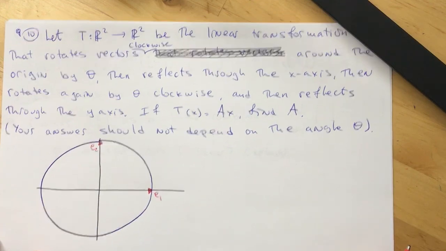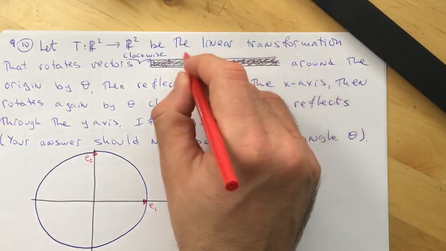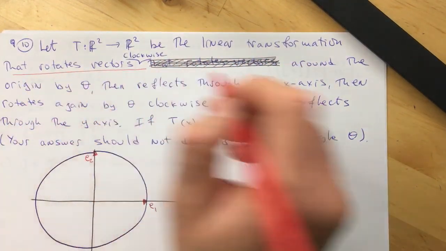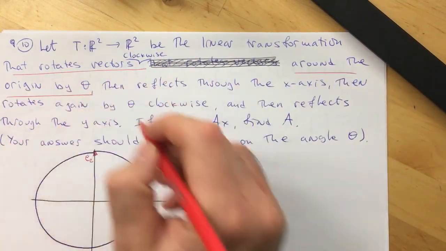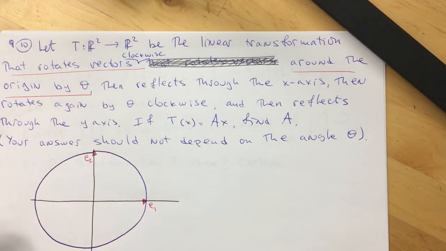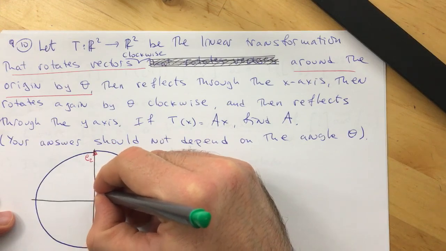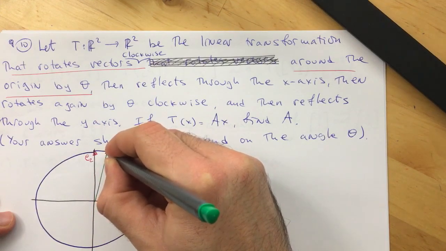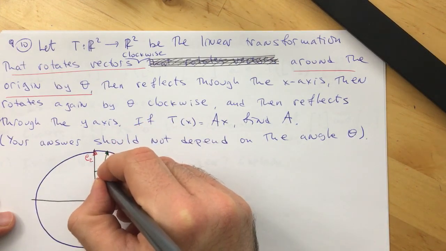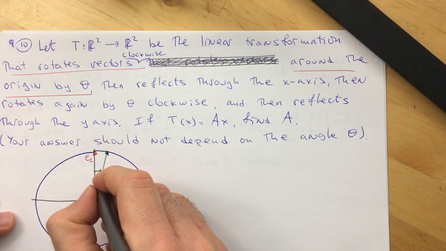So first of all, it rotates vectors clockwise around the origin by theta. So let's say that this is theta.